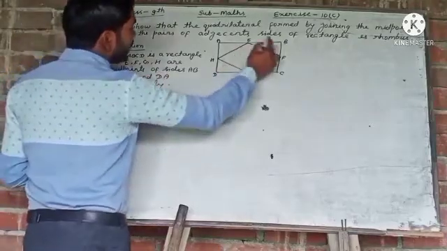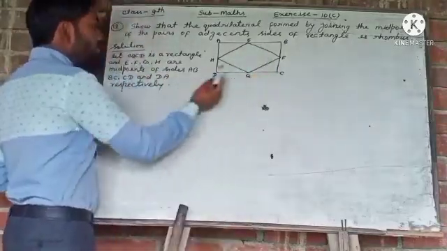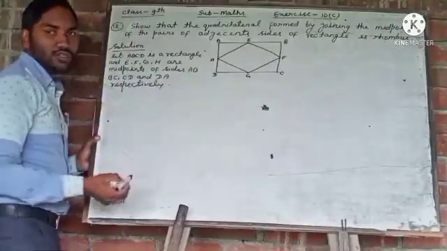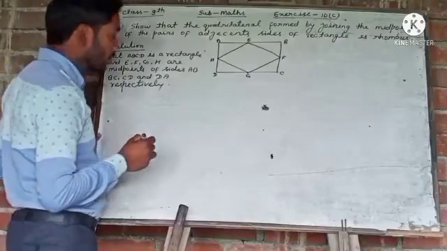Means E is the midpoint of AB, F is the midpoint of BC, G is the midpoint of CD and H is the midpoint of AD.